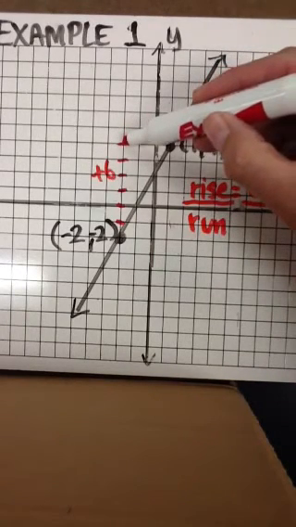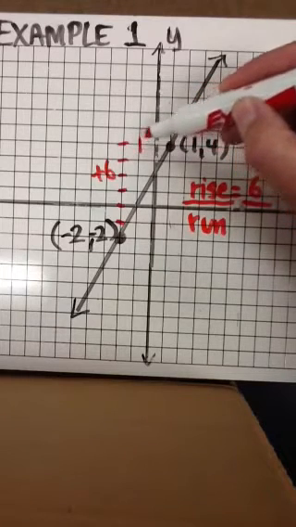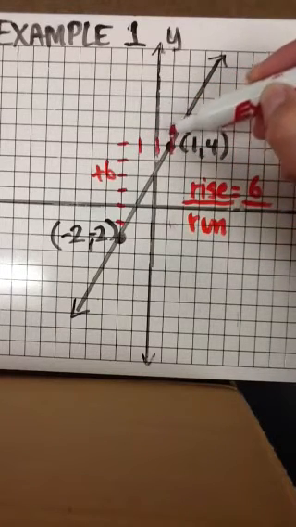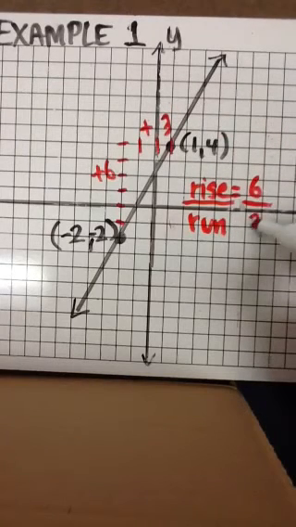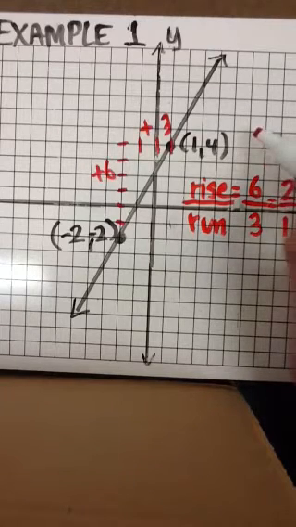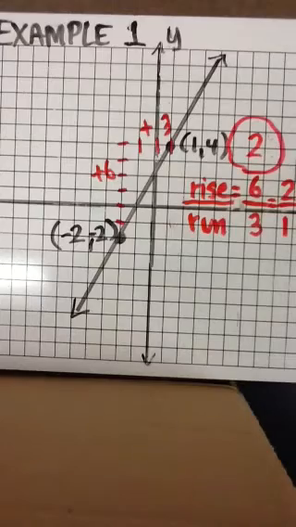So starting here, we're now going to go to the right. 1, 2, 3. That's plus 3 in the x direction, so the run is positive 3. The slope of this line then is going to equal 6 over 3, but we can reduce that to 2 over 1, or just 2. That's the answer for example 1.